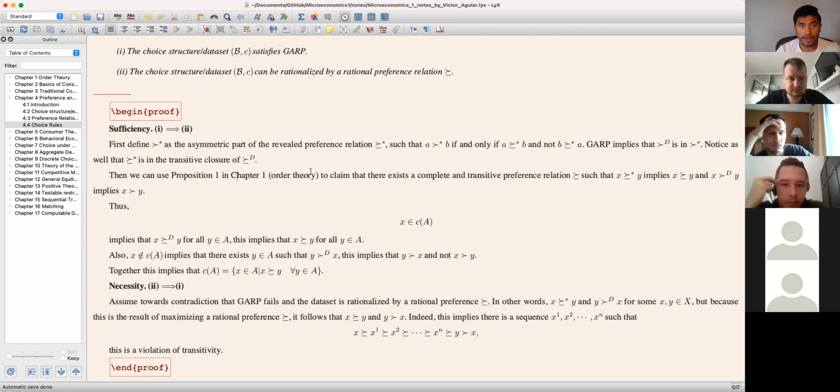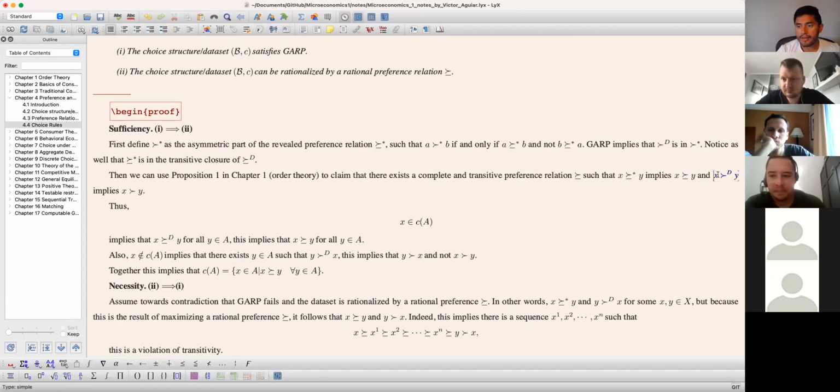This is the Szpilrajn extension theorem. It lets us claim that there exists a complete and transitive preference relation such that X preferred to Y implies X is preferred to Y in the transitive closure of this star relation, and that the strict part implies it is also strictly preferred in the new relation.